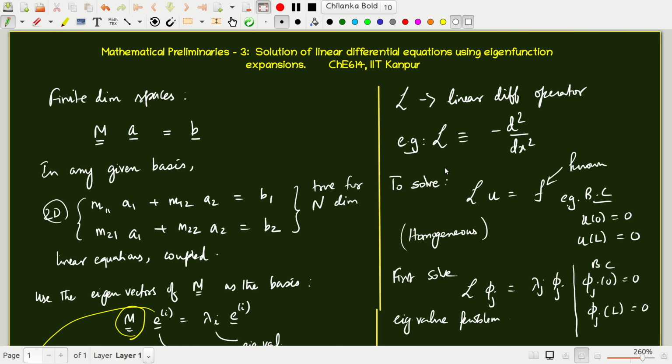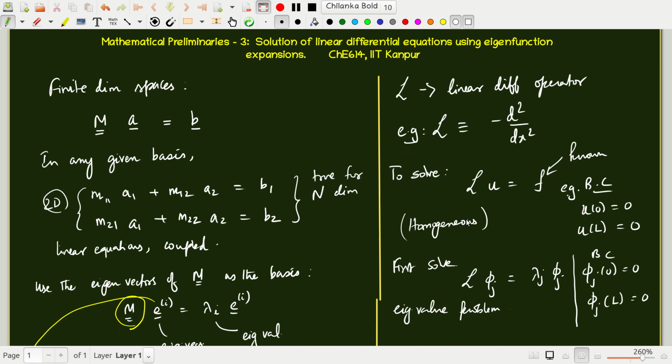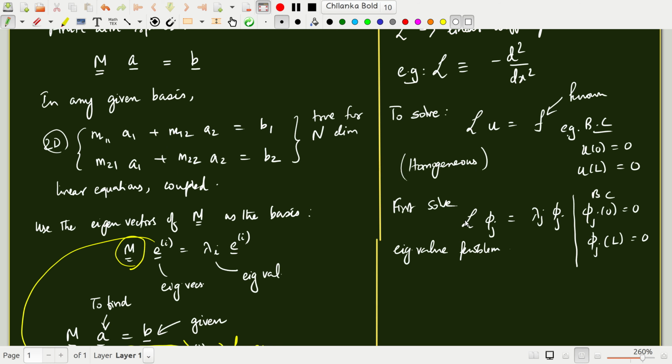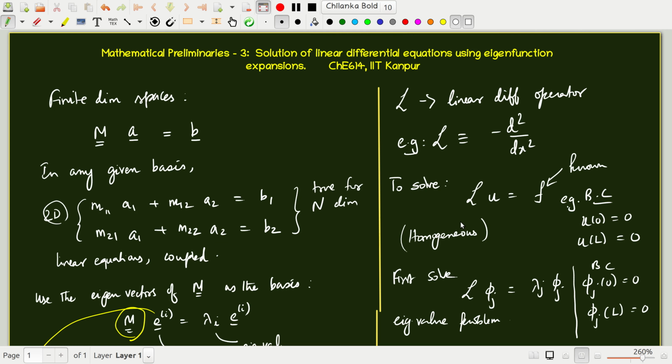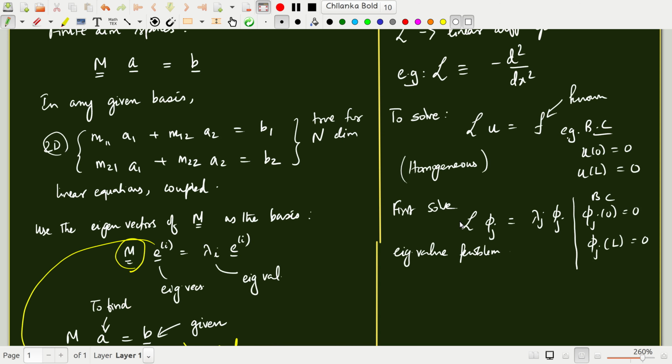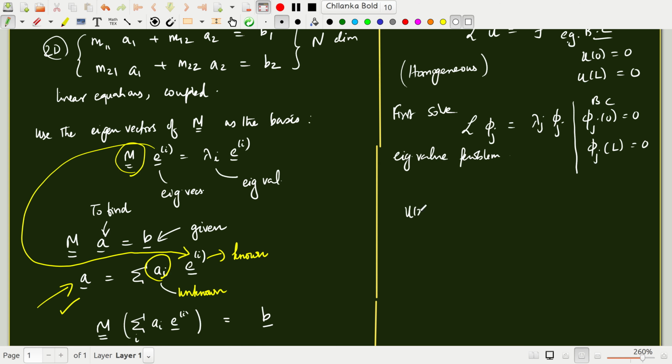Once you solve that, then in principle you should get a set of orthogonal, linearly independent eigenfunctions and distinct eigenvalues usually. Let's assume that such is the case here. Now I can expand the unknown function.